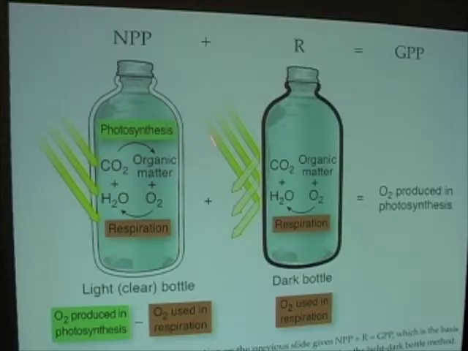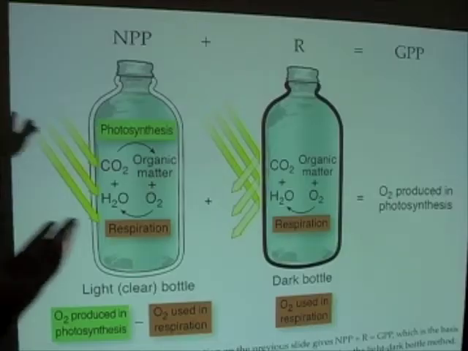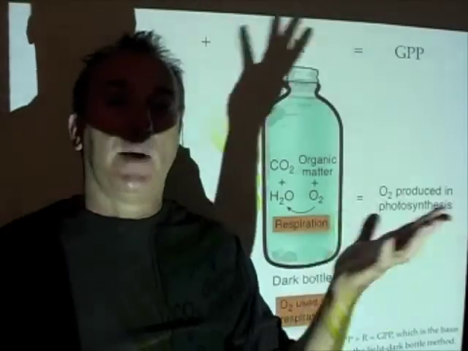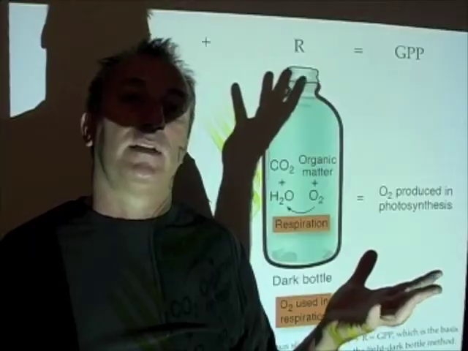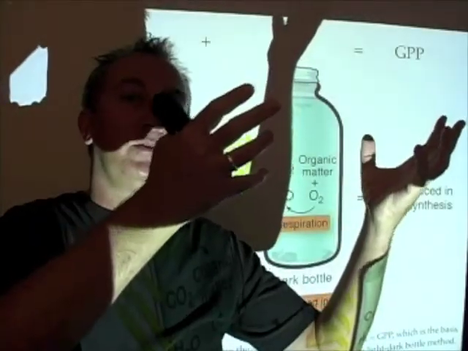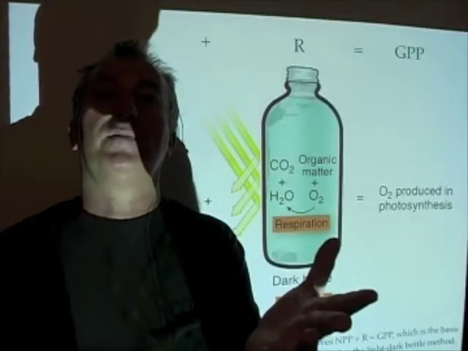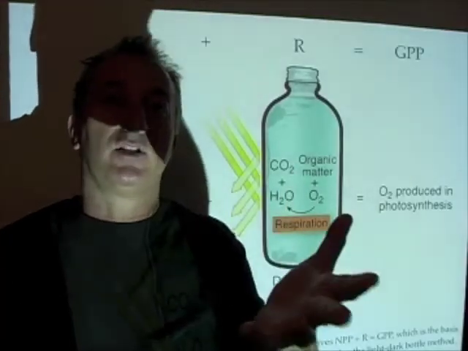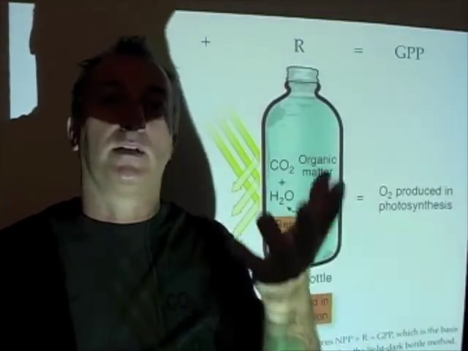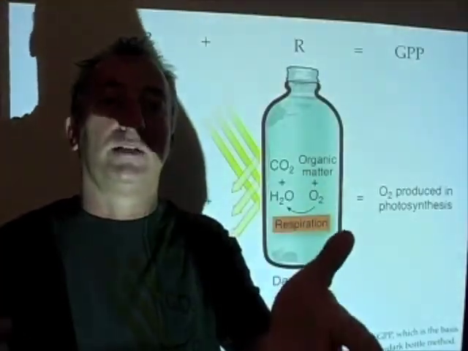So both photosynthesis and respiration are happening at the same time in this clear bottle, what we call the light bottle. That then represents net primary production. It's how much is being produced minus how much is being consumed, and what's left over is the net oxygen, the net primary production. Remember, your net wages.